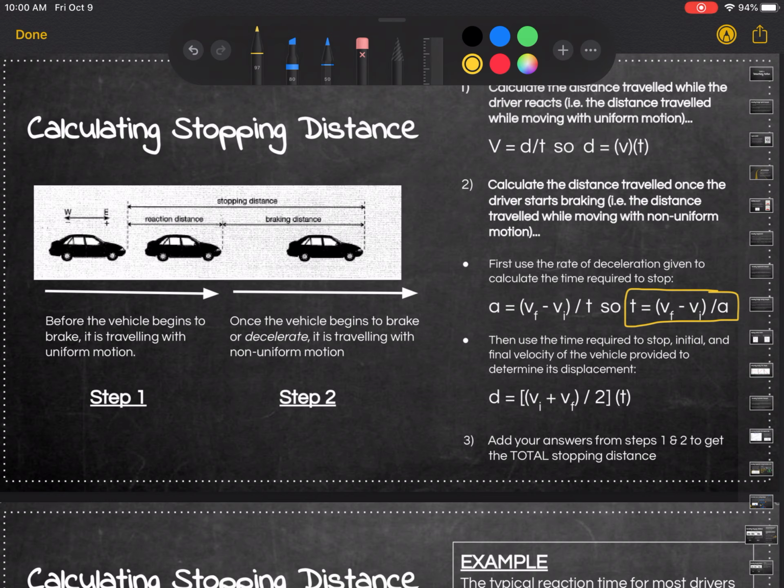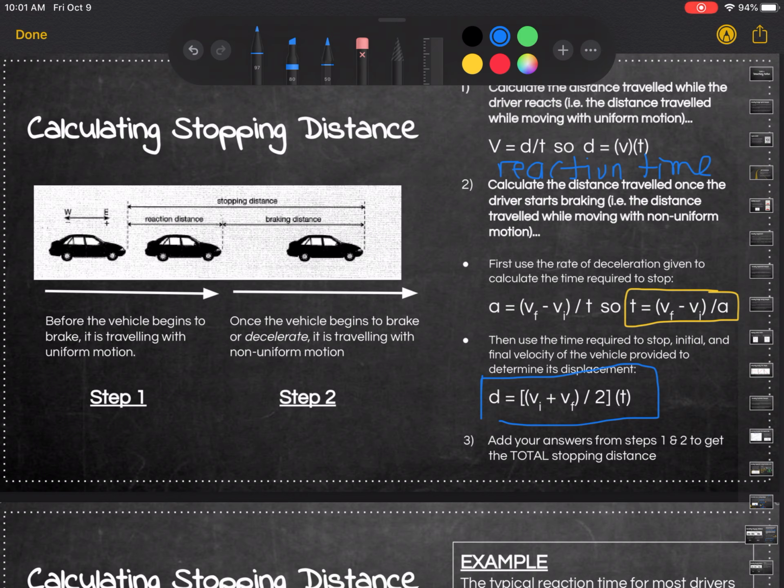So this is like a 2-step process, well, 3-step, I guess. So you calculate, this is what you use for reaction time, because you're still in uniform motion. Then you use this formula to calculate the distance that it took you to stop.